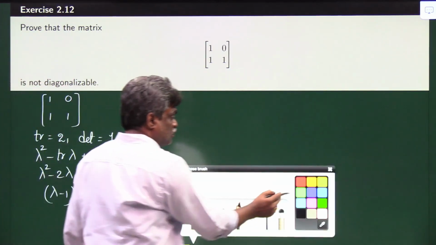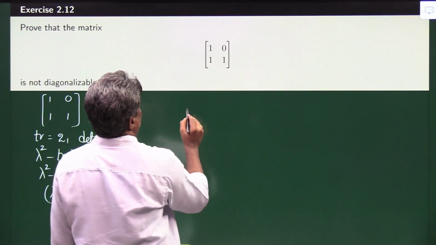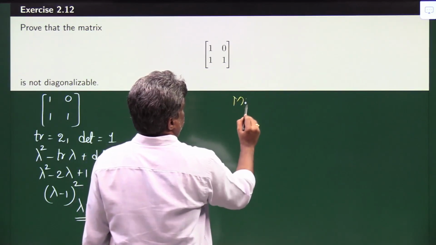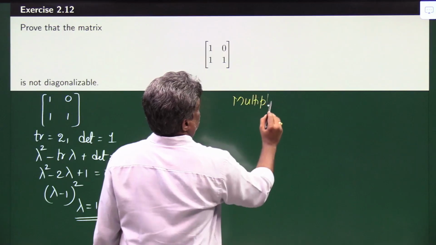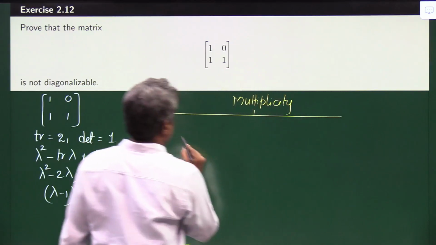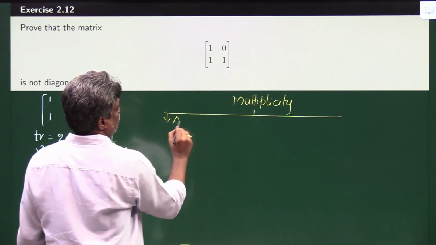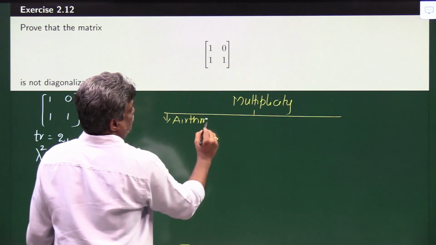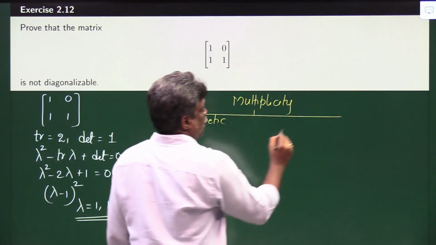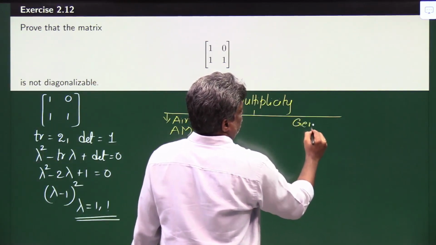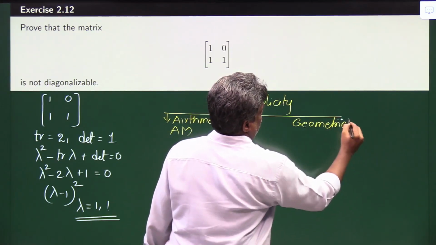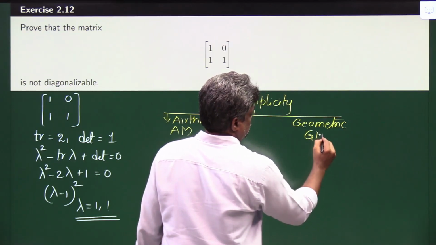For this, we have to find one simple thing called multiplicity. So here we have two multiplicities. One is arithmetic multiplicity, we will simply call it AM, and the other is geometric multiplicity, simply GM.